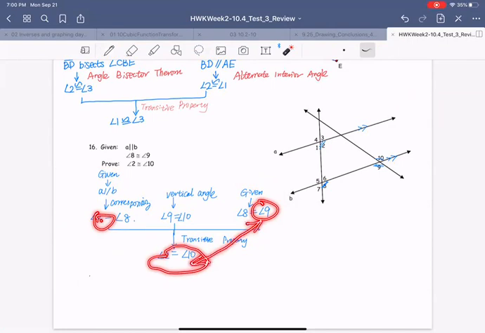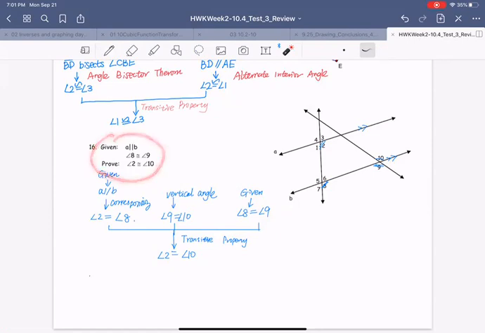How can you prove 9 equals 10? We focus our question here. That's a vertical angle. Problem solved. That's the procedure. Does this make sense to you? Nobody likes proofs, but this is the way of proving.